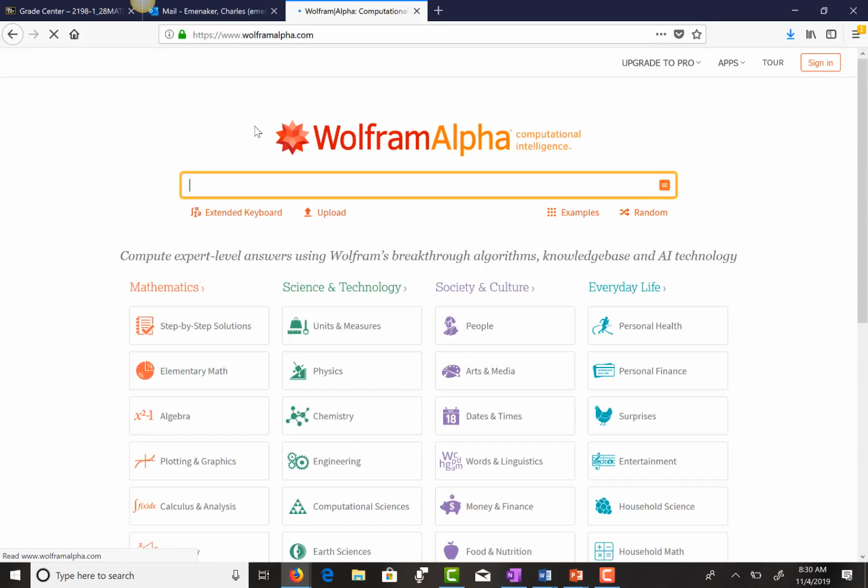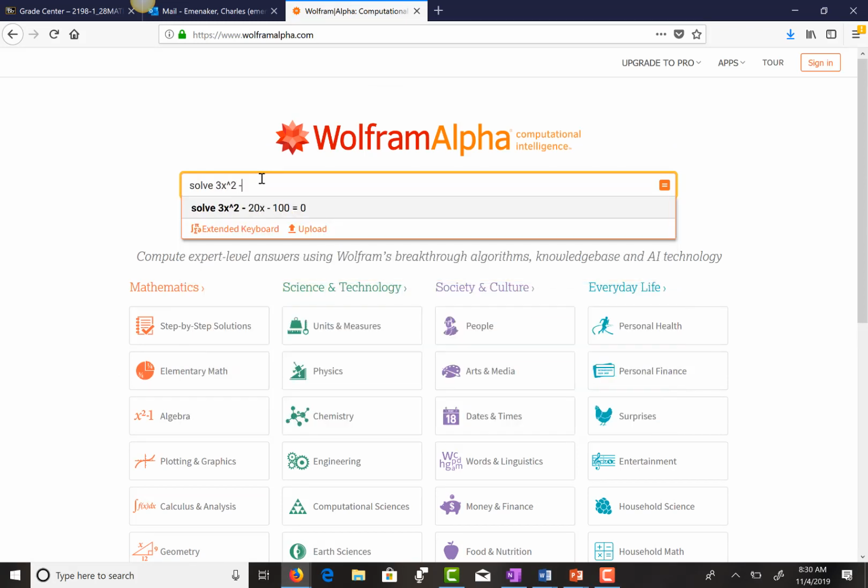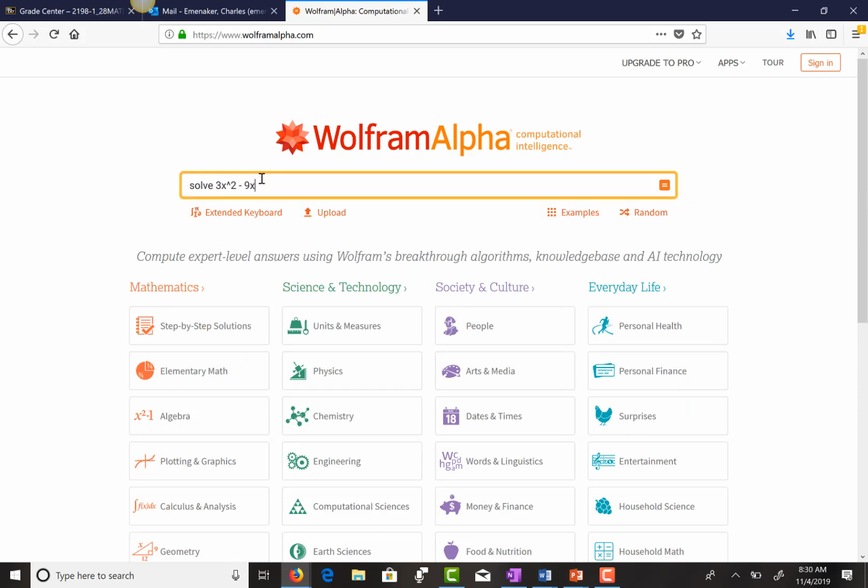And solve 3x squared minus 9x plus 5 equals 0. Now, you ready for a new abbreviation in math? With respect to, WRT. With respect to x. That means solve for x.